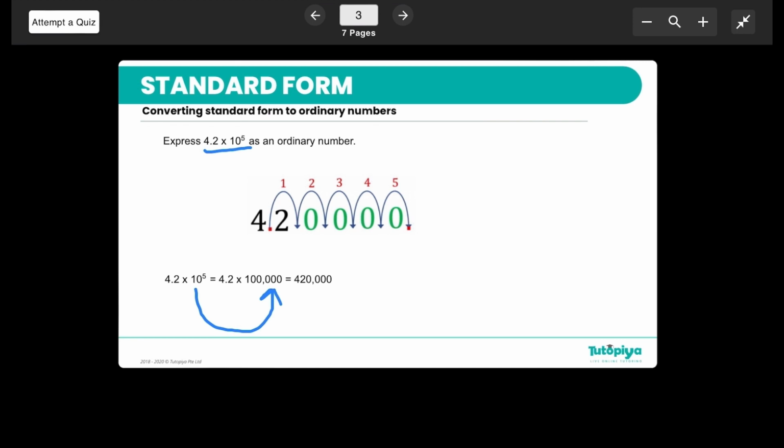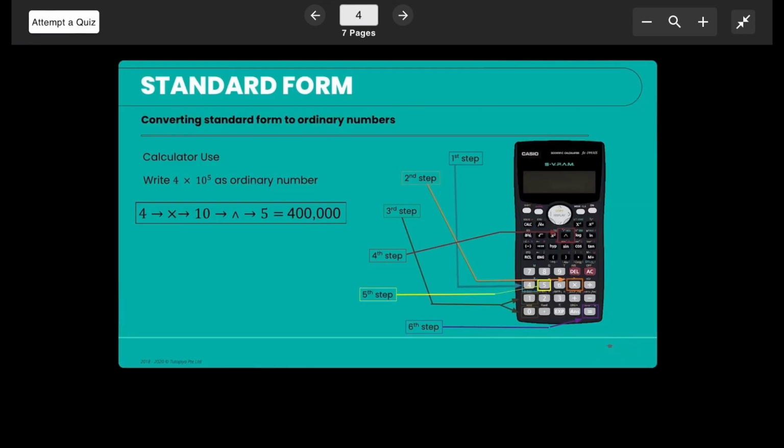So this becomes 420,000, and it's as simple as that. You do need to know that you can enter these things into your calculator. So 4 times 10 to the power of 5, for example, you can use a bit of this calculator hack to work out the answer as well, right? So how to enter the powers and how to enter 10 to the power of.